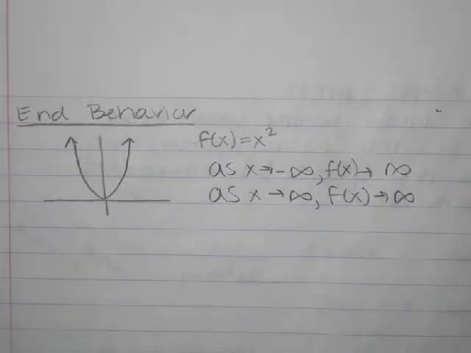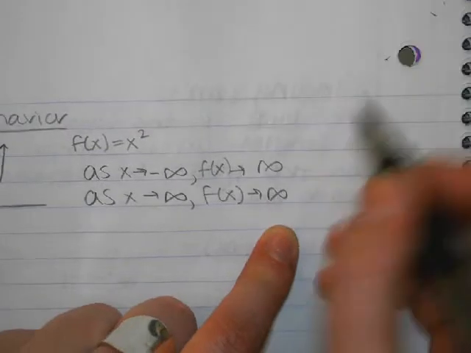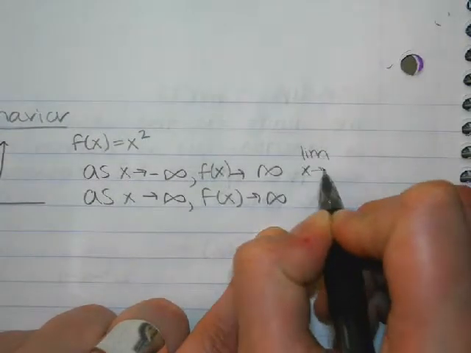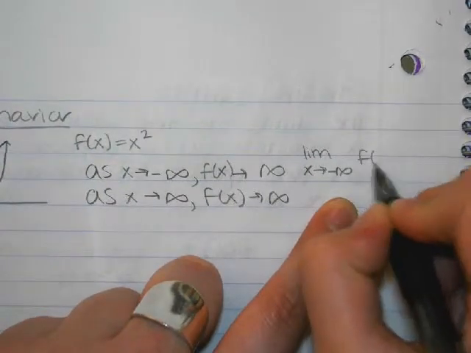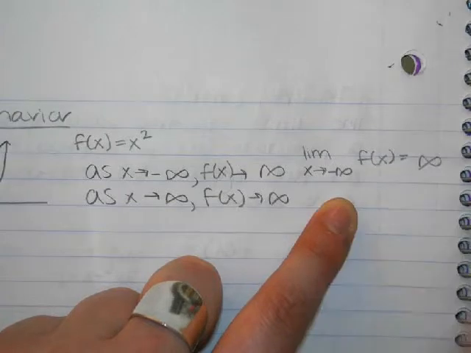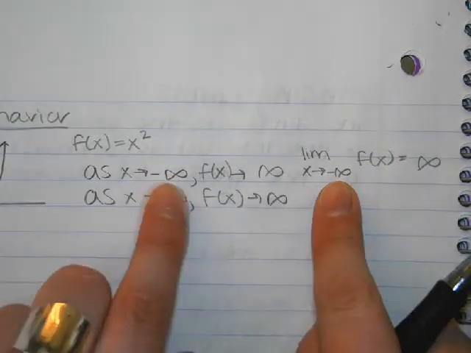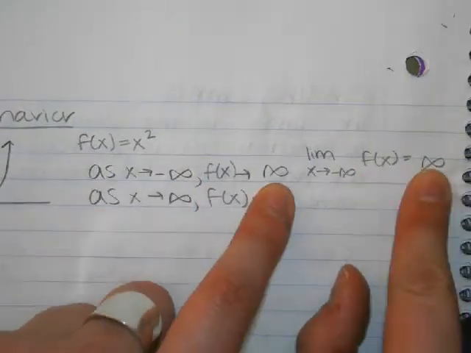Now that we know that we're learning about limits and we're going to start writing limits, we're going to write it a little differently. So after today, I'm going to write the limit as x goes to the left forever of the function f of x equals positive infinity. So as we go to the left forever, the function goes up.